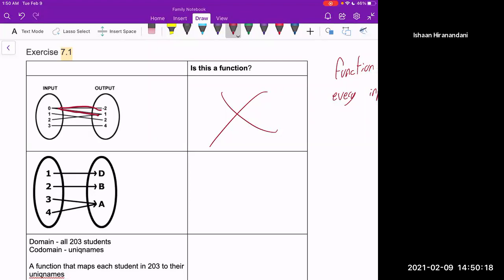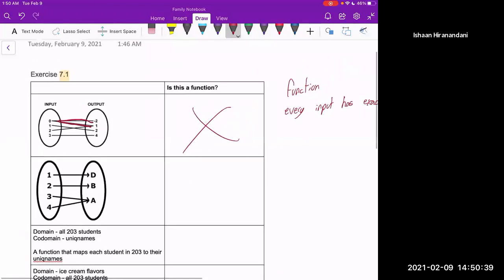I see that 1 has one output, and that's D. 2 has one output, and that's B. 3 has one output, and that's A. And 4 has one output, that's also A. So, does it matter that 3 and 4 have the same output? Not really, because remember, in a function, every input has exactly one output.